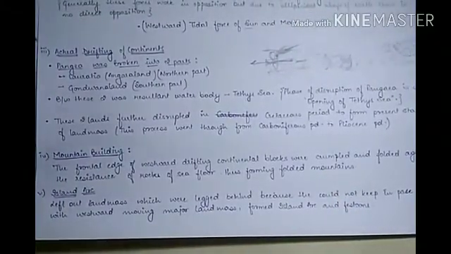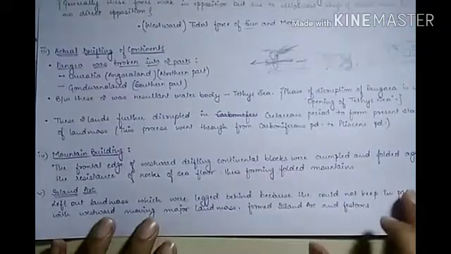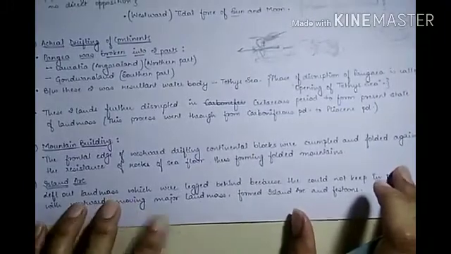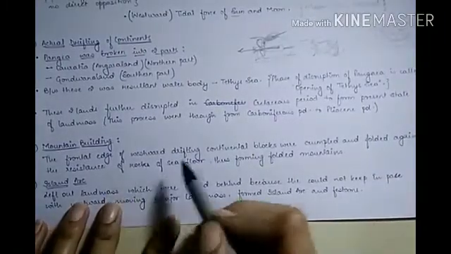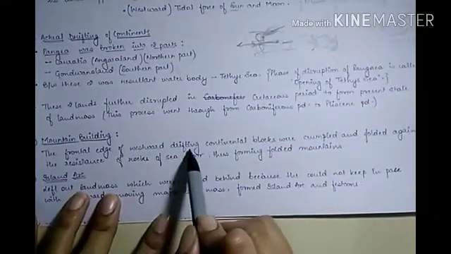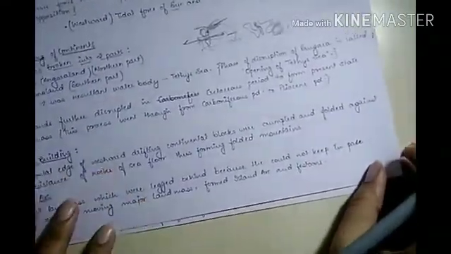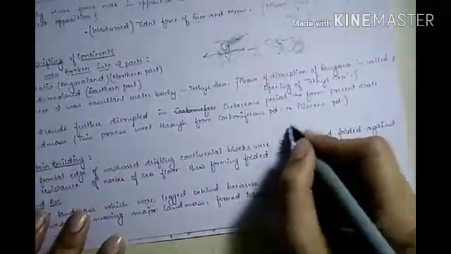Now, this is actually a drawback of Wegener. He said that the frontal edges of the westward drifting continental block were crumpled and folded. Okay, they were moving westward.